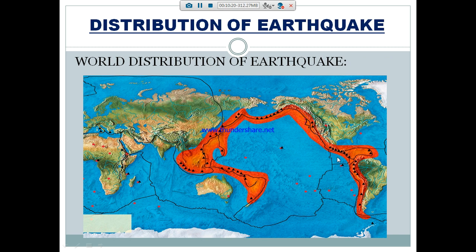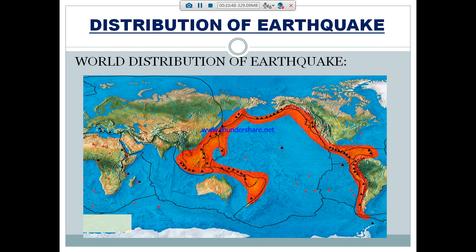Next, a number of earthquakes have been experienced in this region. Some of them are very severe and cause very extensive damage. For example, the earthquake in Uttarkashi in 1991 and in Chamoli in 1999 caused severe damage and destruction in our country.